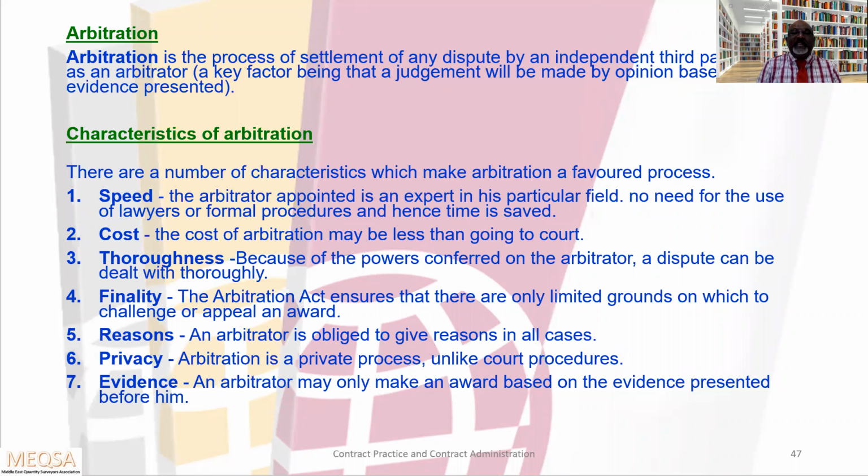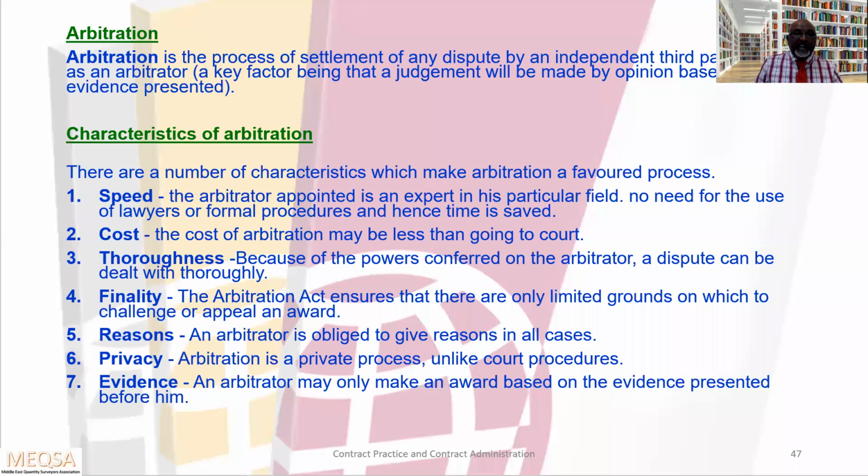Characteristics of arbitration: there are a number of characteristics which make arbitration a favored process: speed, cost, thoroughness, finality, reasons, privacy, evidence.